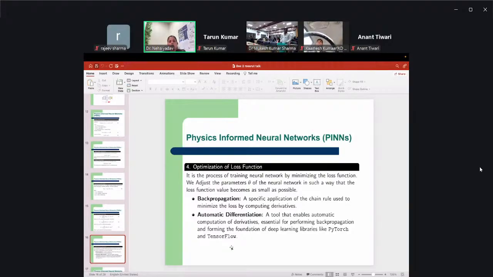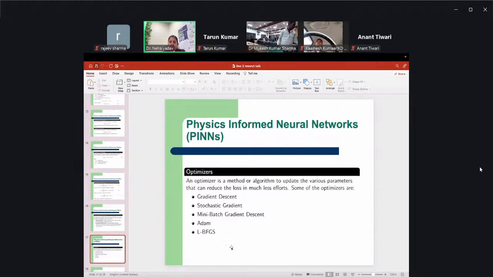So once the loss is constructed, our objective is to train the neural network to minimize this loss. So it becomes an optimization problem where we minimize the loss by training the neural network. And while training the neural network, we optimize our neural network parameters to minimize the error and to find the best solution.